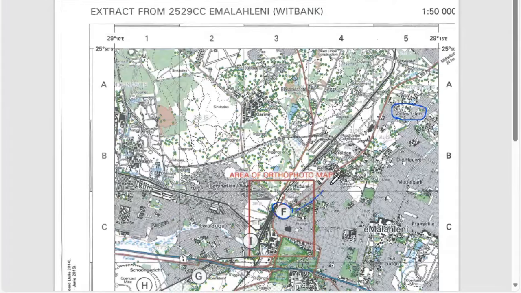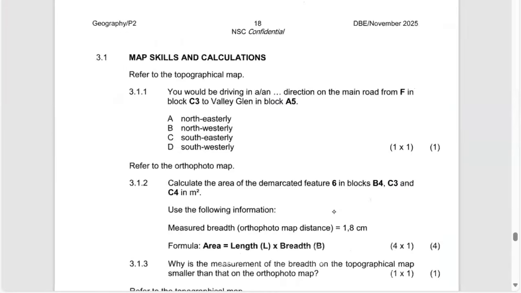This is our road here. Which direction is this going to Glen Farm? If we draw our compass here at F, your north is always there, your west to the left, your east, your south here, which means we are going in the northeastern direction. So our correct response is northeasterly.